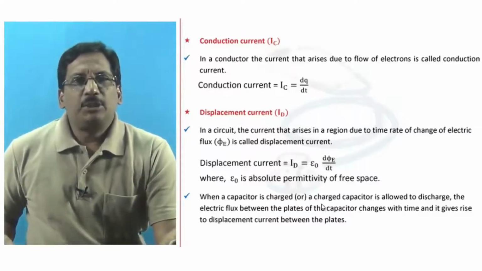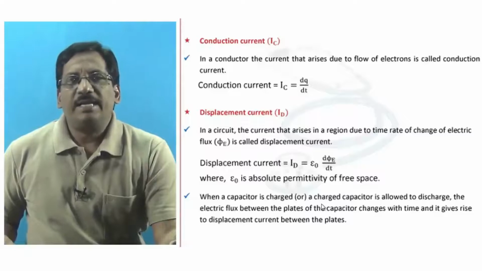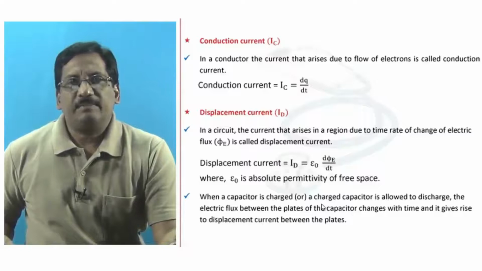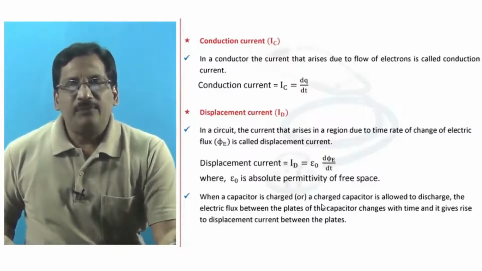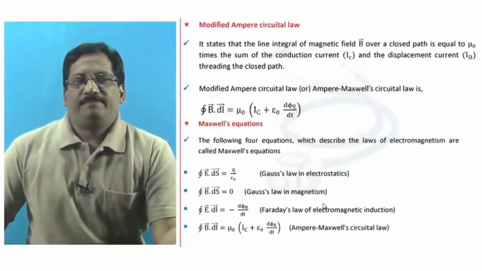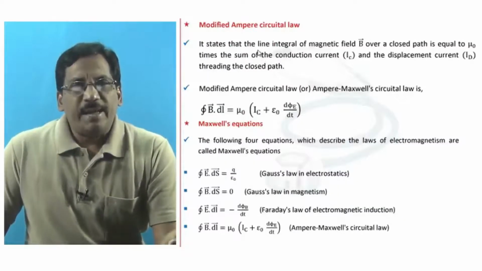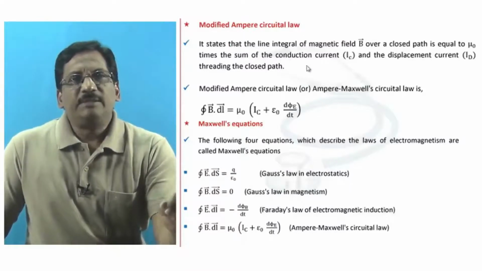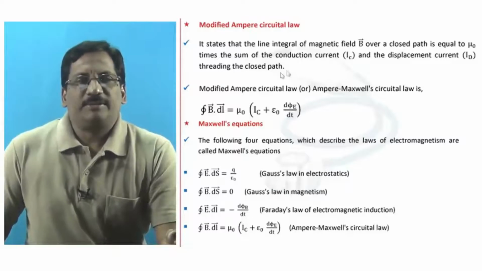The Ampere circuital law in its original form had a limitation. When elements like a capacitor are present in our circuits, the Ampere circuital law is failing. Therefore, the Ampere circuital law needs a modification, and that modified Ampere circuital law by using the concept of displacement current is as follows.